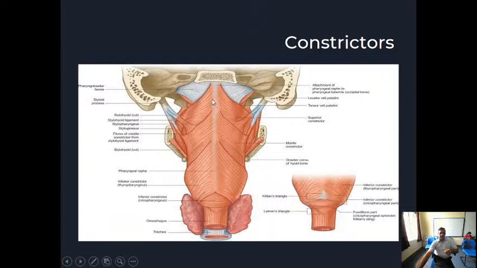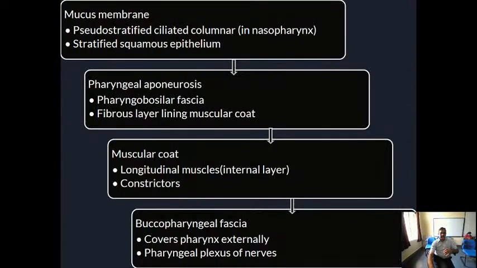The superior constrictor is the first, then you have the middle and inferior constrictor muscles. So this is the pharyngeal tube that is formed, and as I said, the mucous membrane in the nasopharynx is pseudostratified ciliated columnar epithelium, and slowly as it comes down, it becomes squamous epithelium in the oropharynx.